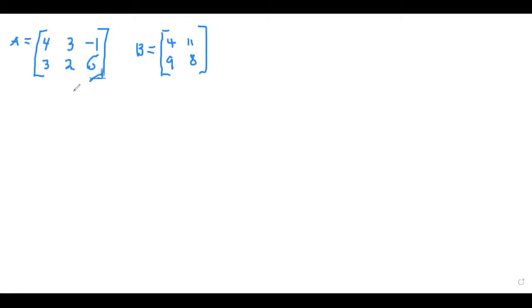Now, can we add matrix A and B? Can we perform the operation like this one? Can we add matrix A and B? I'll go for yes.